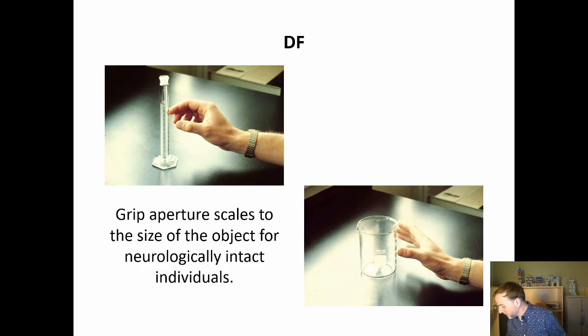If I have to pick up something much bigger, I'd probably make a different type of grasp, but just for argument's sake, if I were to put my thumb and index finger on it, then I'm going to have a much bigger grasp to pick up that object. Over and over, lots of studies have shown that we scale the size of our grip aperture to the size of the object. And we're going to look at that in DF.